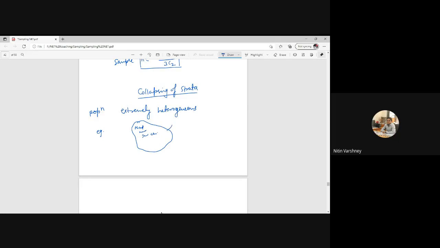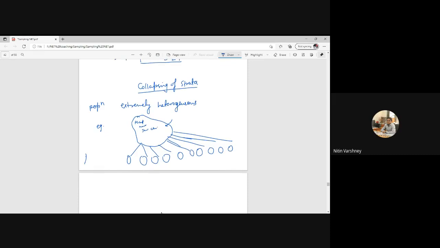So I can say this district is heterogeneous, and it may be desirable to have a large number of strata. We will make a large number of strata to make it homogeneous. Our main motto in stratification is what? We will make homogeneous strata. So it is desirable to have a large number of strata.